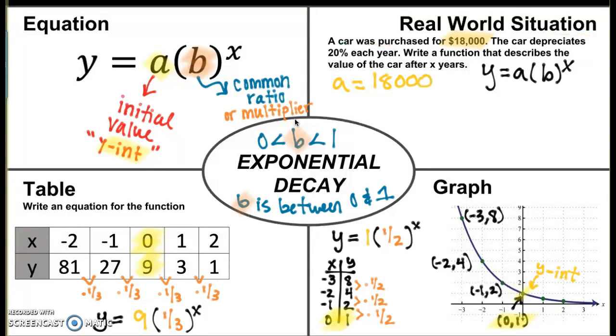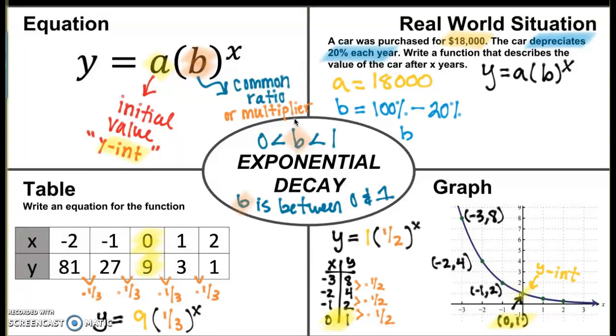Now, for us to figure out the value of B, well, we know that the car is depreciating according to the problem. And if you're not quite sure what the word depreciate means, it just means that the value goes down. So the value of B is going to start at 100%, which is the 18,000, but it's going to depreciate. So we're going to subtract 20% of the value every single year.